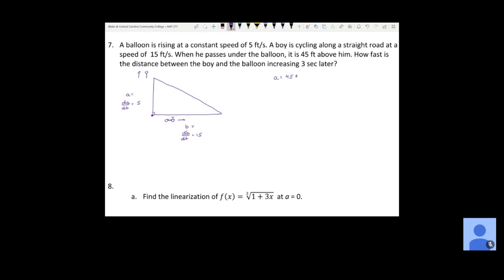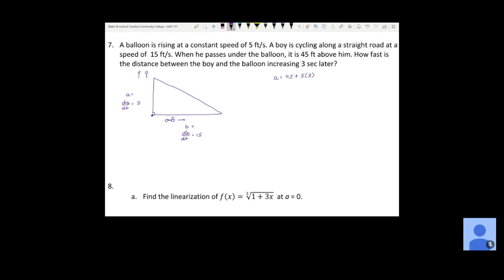So not 15 divided by 3. Okay, we're going to add 15. Why did you add 15? Okay, it's rising at a rate of 5 per second for 3 seconds, right? So that's going to be 5 times the 3.